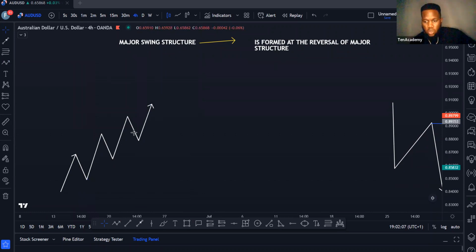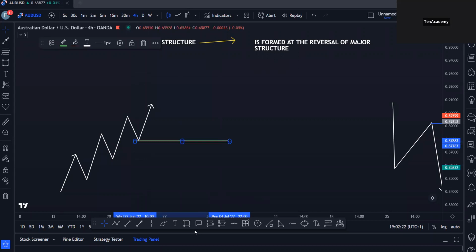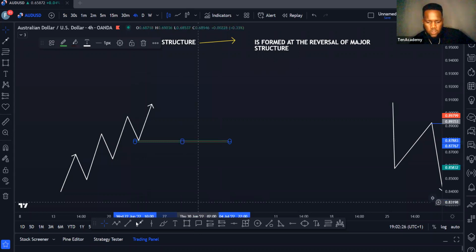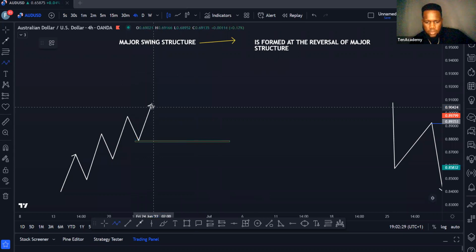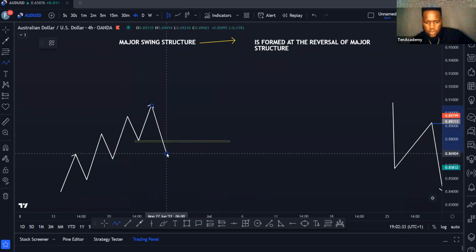When order flow wants to shift on a major structure, a higher low needs to be taken out. So once price takes out higher lows like so, that is your cue for major swing structure.